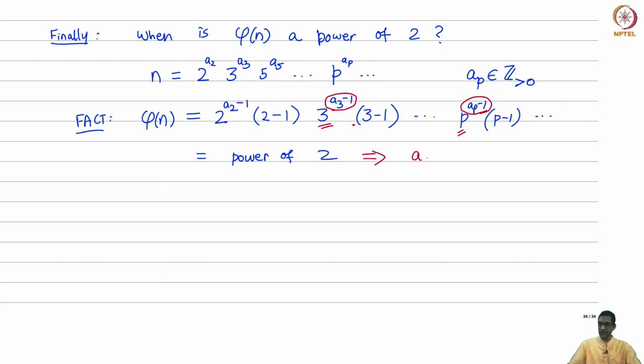Well, this implies that AP has to be 1 for all primes P which occur, which are not 2. For all prime factors P of n other than 2, only then will these powers all vanish.